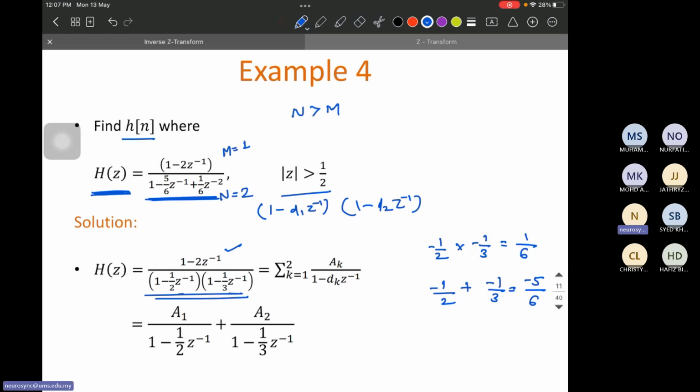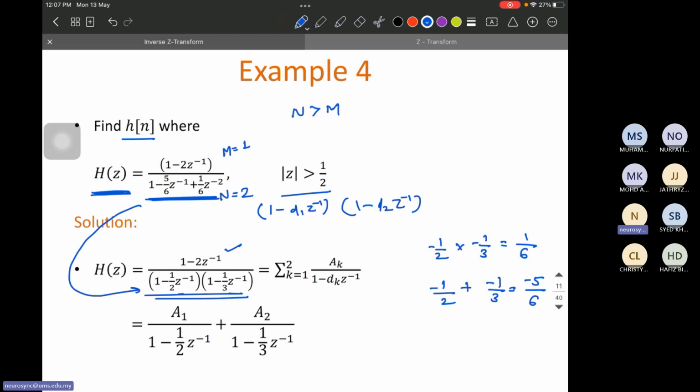So this polynomial we can write like this: one factor is 1 minus 1 by 2 z inverse, and another factor is 1 minus 1 by 3 z inverse.